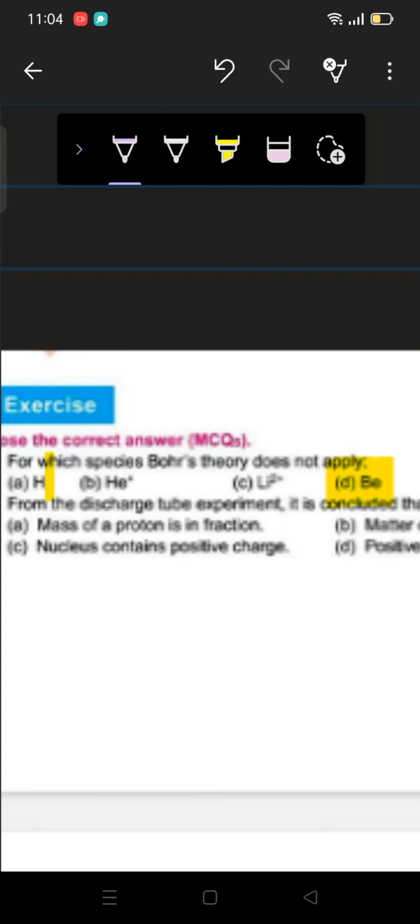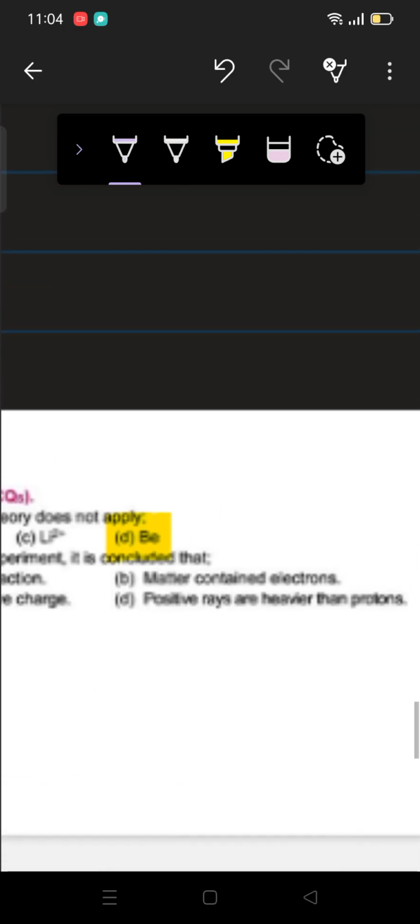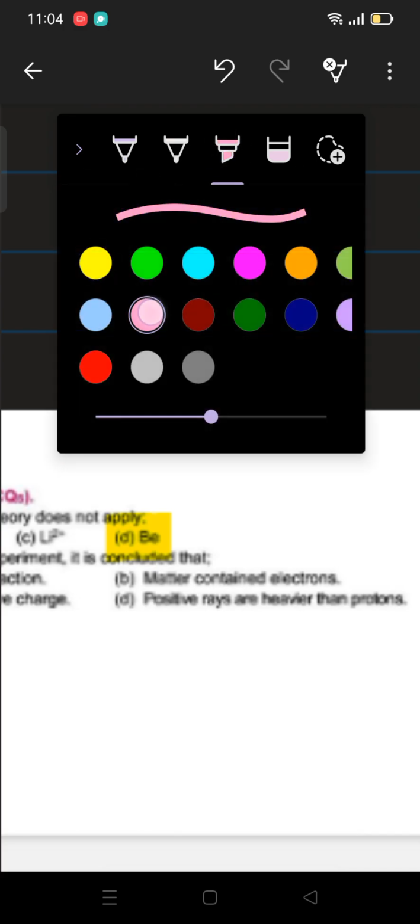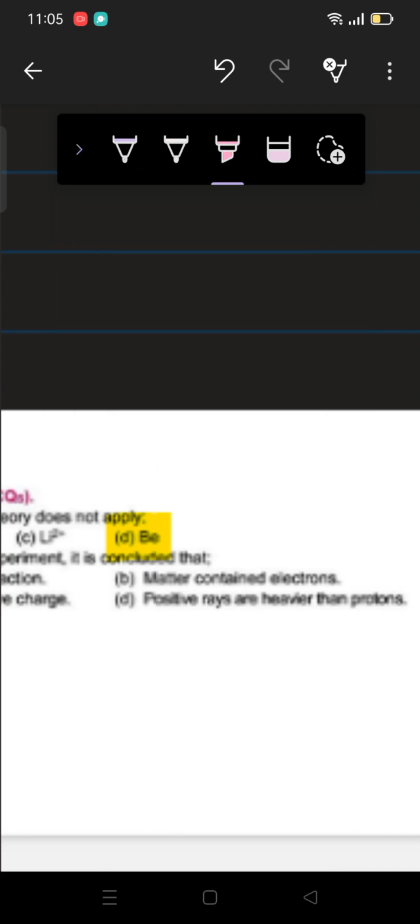It was concluded by Rutherford's alpha particle scattering experiment, which showed that the nucleus contains a very heavy particle, which he termed a proton. So third and fourth cannot be the answers, which means B is the correct option: matter contains electrons.